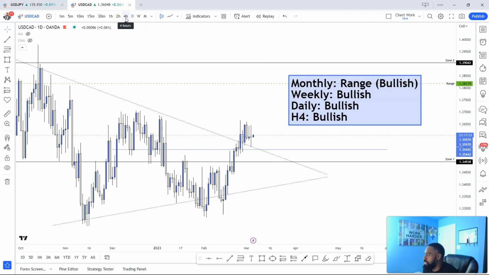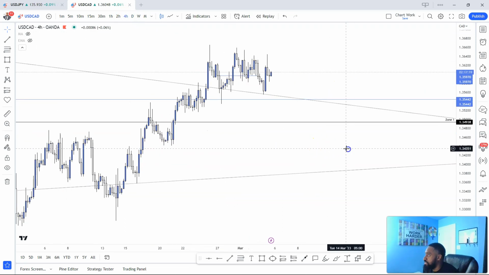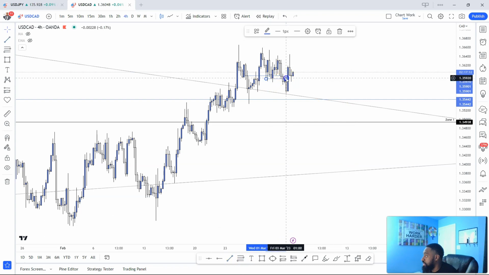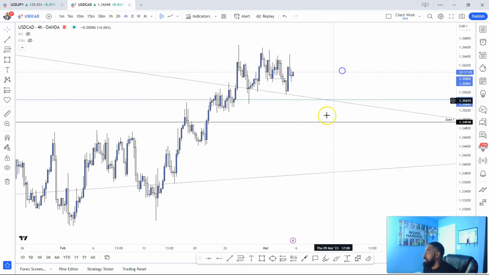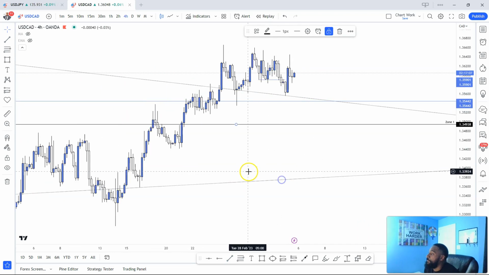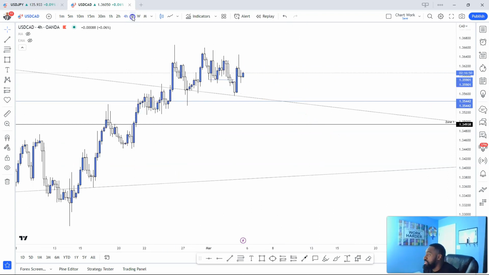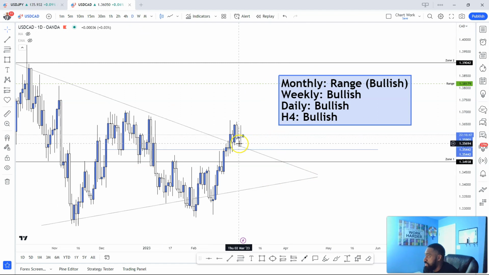Let's go to the H4 because we need more details. I would be patient. I would consider this to be a choke, but when I'm looking at this daily time frame, this is a doji.